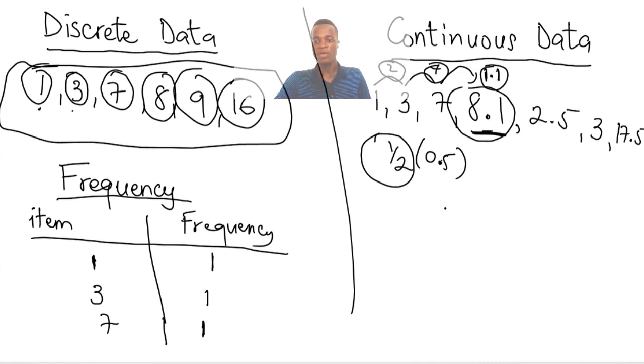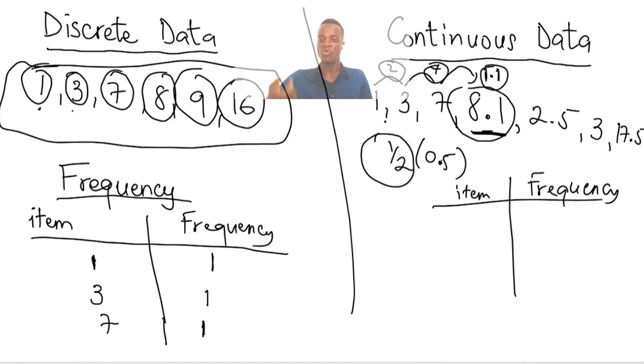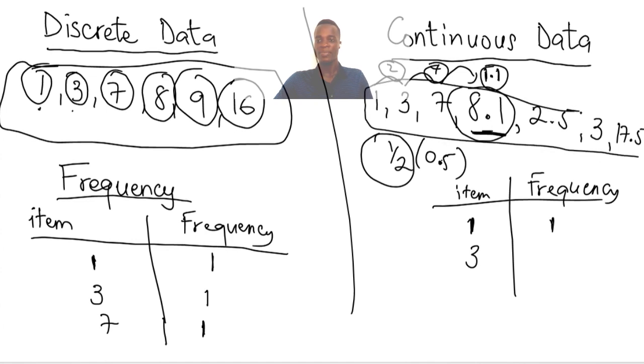If you do this for the same data, you see that the items are grouped here, and you have the frequencies here. So frequency is how frequent something appears. If we're talking about item 1, how many times does 1 appear? Only 1. Item number 3, how many times does 3 appear in the whole data?